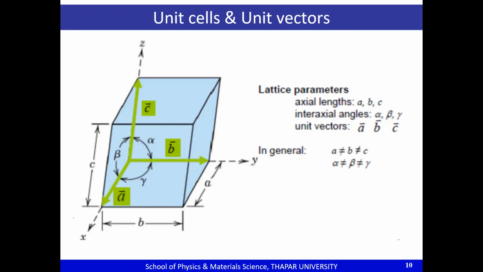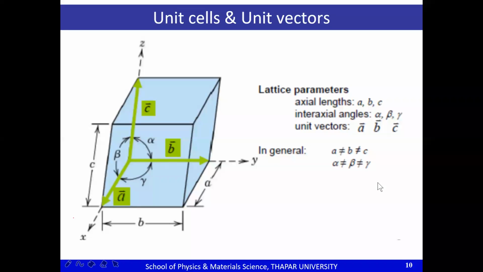And you require 3 other angles to complete the 6 parameter notation of a unit cell. The angles are defined as alpha, beta, and gamma. Hence, to represent any unit cell, you require 3 dimensions A, B, C, and 3 angles alpha, beta, and gamma.